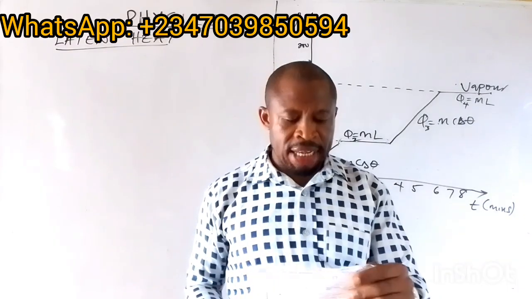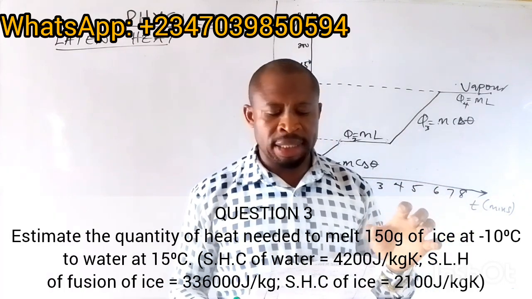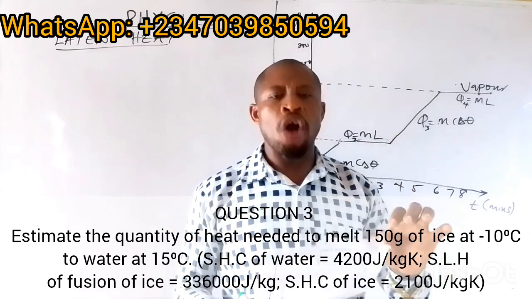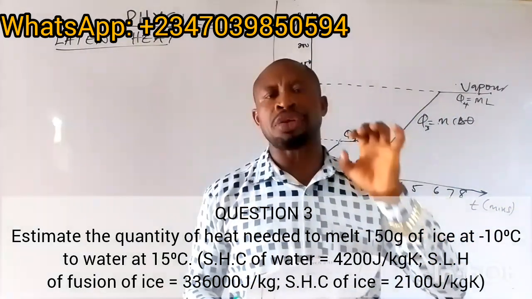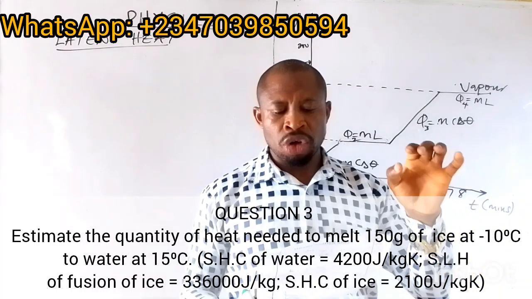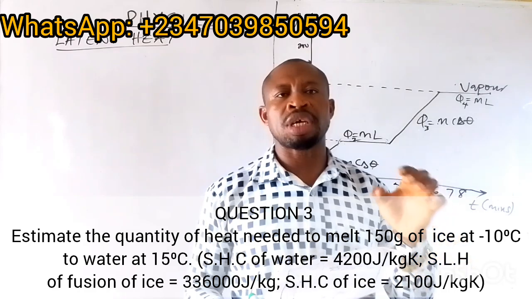Last but not the least, estimate the quantity of heat required to melt 150 grams of ice at minus 10 degrees Celsius to water at 15 degrees Celsius.